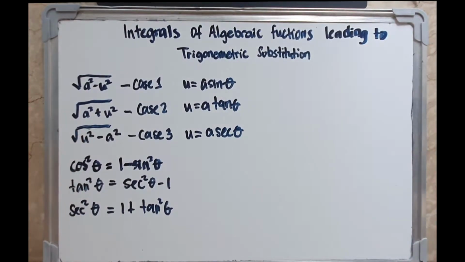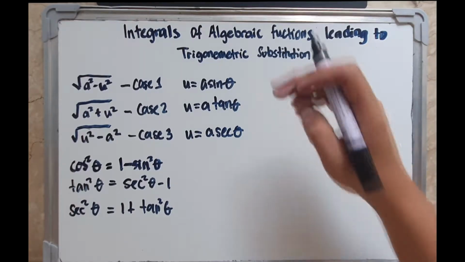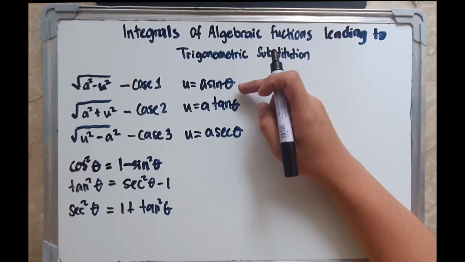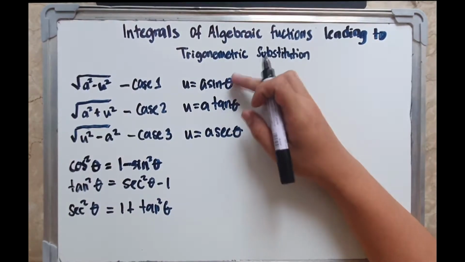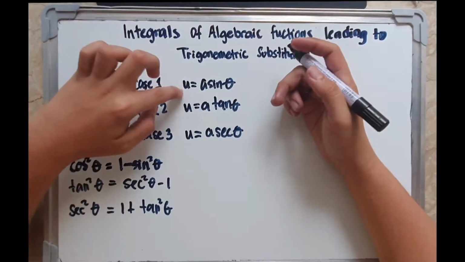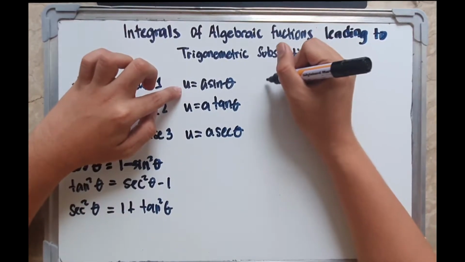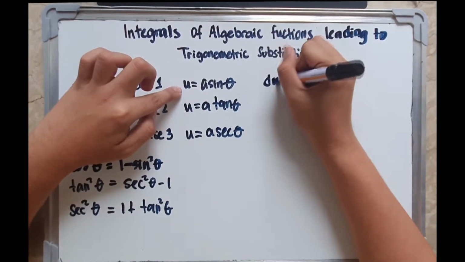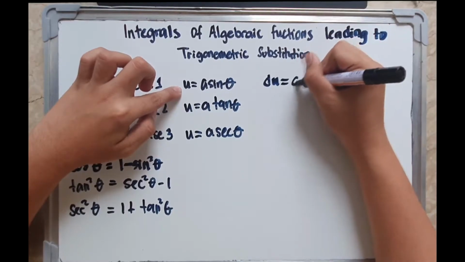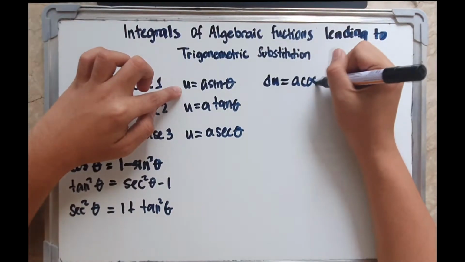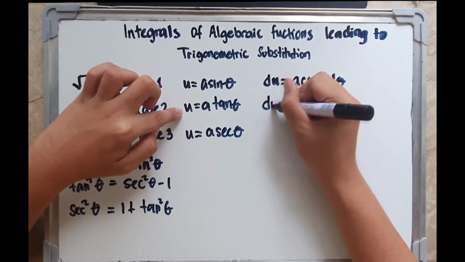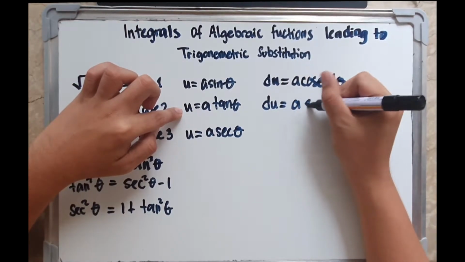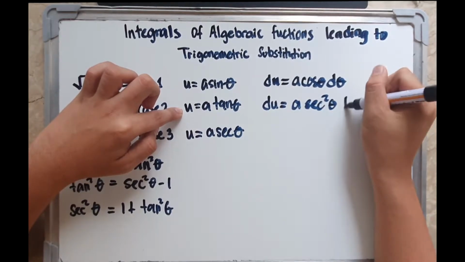Okay? So, we will now have a trigonometric equivalent. Okay? So, deriving this one, derivative of the u, that is a cosine theta d theta. The derivative of this u, that is a secant squared theta d theta.